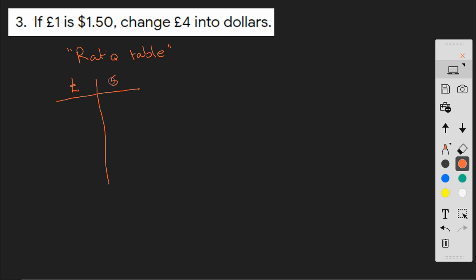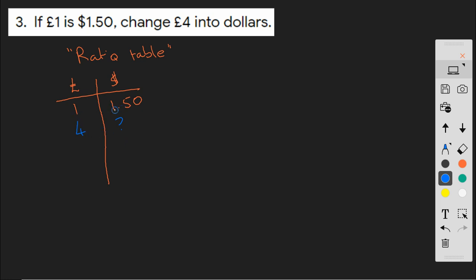We've got pounds and dollars, and we're told that £1 is $1.50. Now you remember yesterday when we talked about the ratio table, one of the key tasks was to find what one of something was. Well, we already know what one of something is. So when we're left with this task here as to how many dollars is £4, we've got something relatively straightforward.